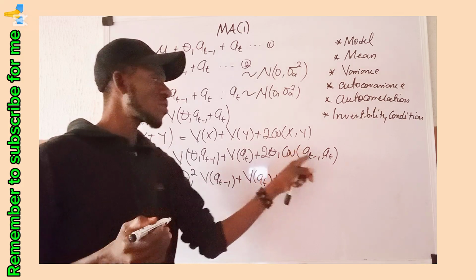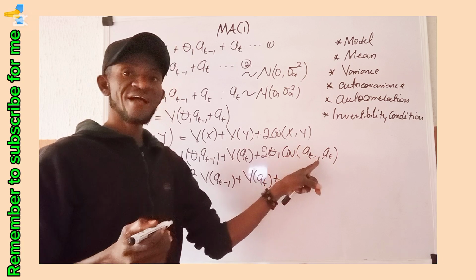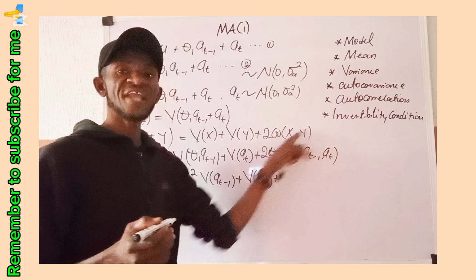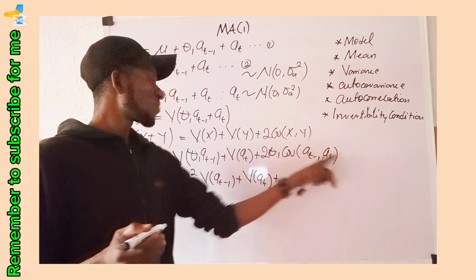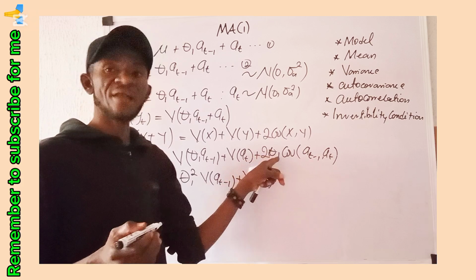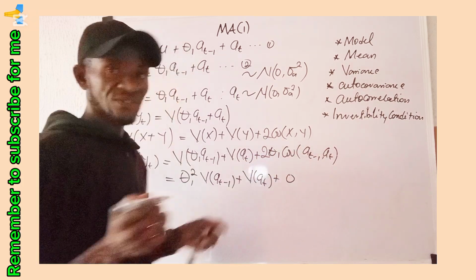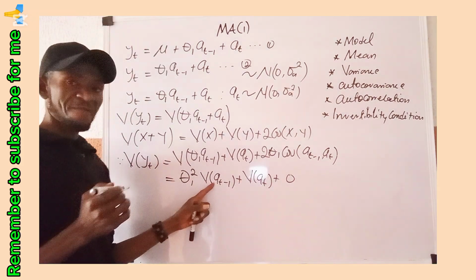So there is no correlation between the error term at t minus 1 and the error term at t. Therefore, this covariance here becomes 0. And if this covariance becomes 0, when 0 multiplies this 2 theta 1, everything boils down to 0. So what I have here becomes 0.